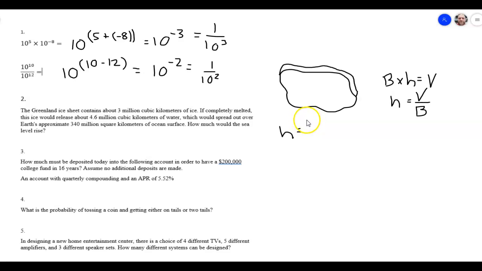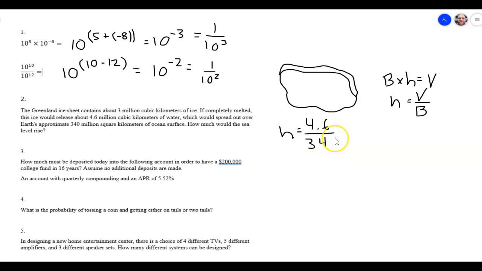I'm going to put 4.6 on the top, because that's my volume. And then the area of the base would be the two-dimensional area, so we're looking for something that is squared, or to the second power. And that's right here, the 340 million square kilometers. So I would put that down here.